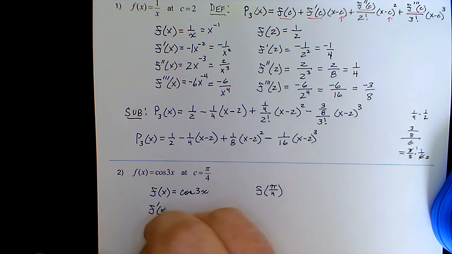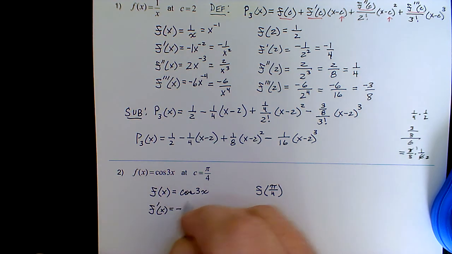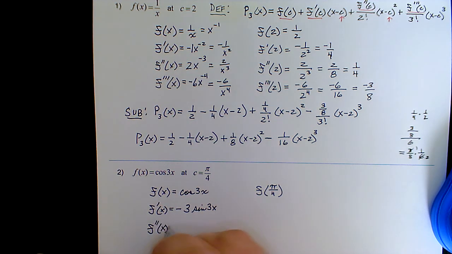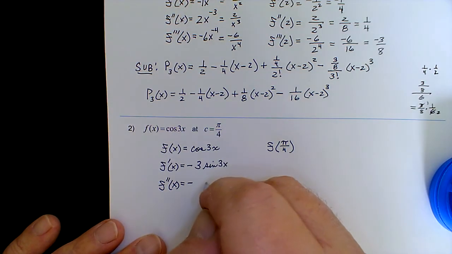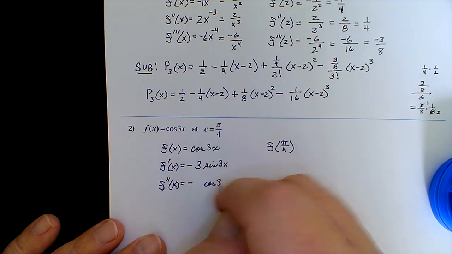F prime of x would be, the derivative of cosine is minus sine, so minus sine of 3x, and the derivative of the argument 3 goes in front. F double prime of x, we'll leave the minus because the derivative of the sine is positive cosine, and so cosine 3x.